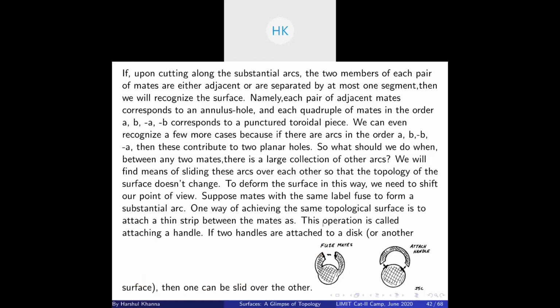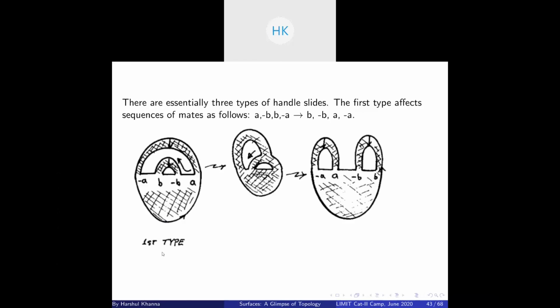No? Okay, I'll continue. So if two handles are attached to a disc or another, then they can be slid over one another. How? So essentially there are three types of handle slides. Suppose you have these two handles. Now what you do is, as the arrows show, you slide A over B and you get this surface.